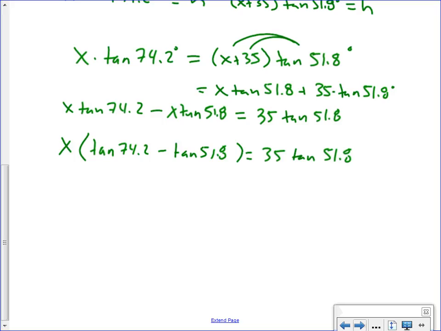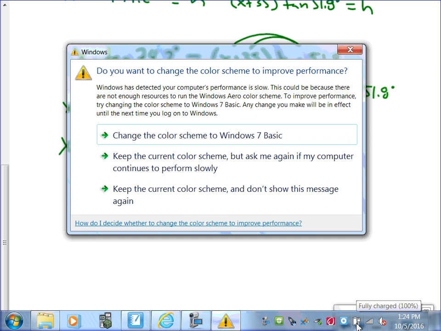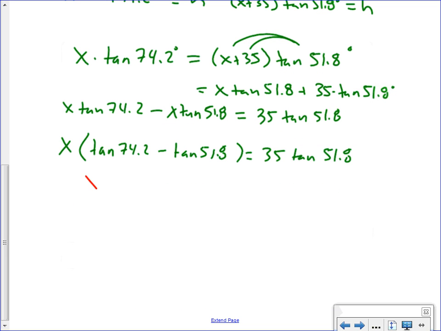On your calculator, tan 74.2 minus tan 51.8. So you do 74.2 tan and then minus 51.8 tan. Give me a decimal to 2 places.